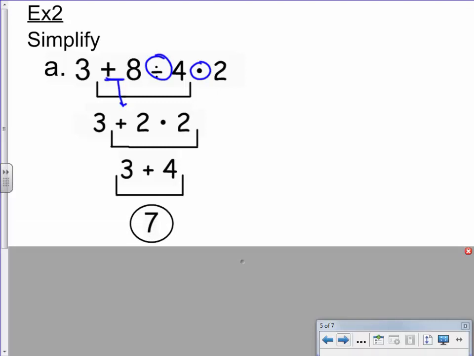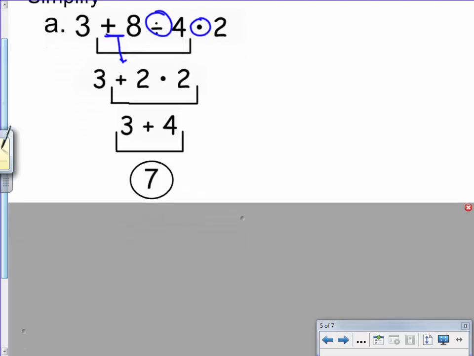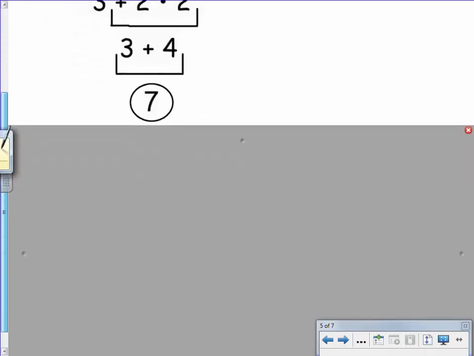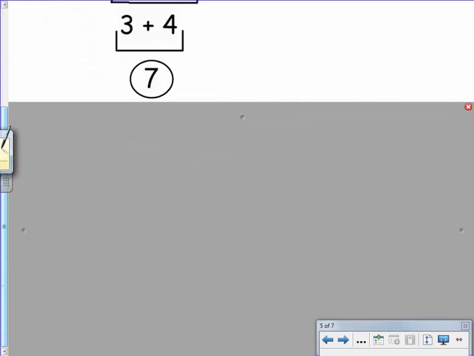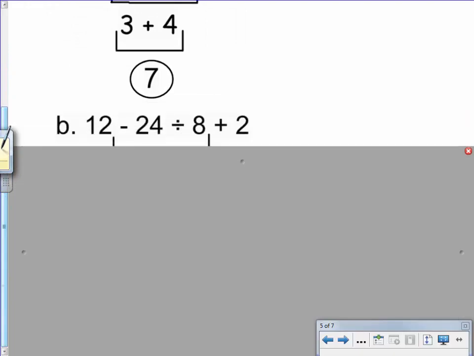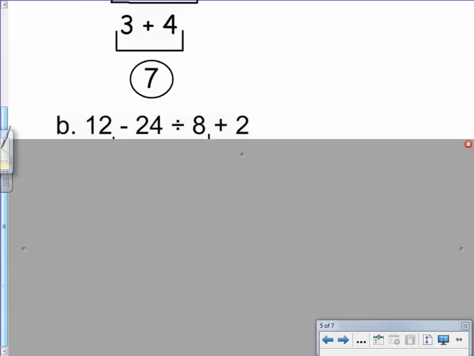B is a little trickier, adds a little bit more here. Looking at B, we have 12 minus 24 divided by 8 plus 2. Like I mentioned before, the minus sign goes to the 24.